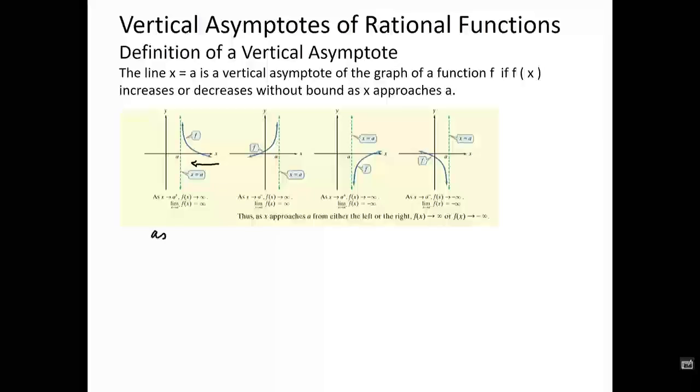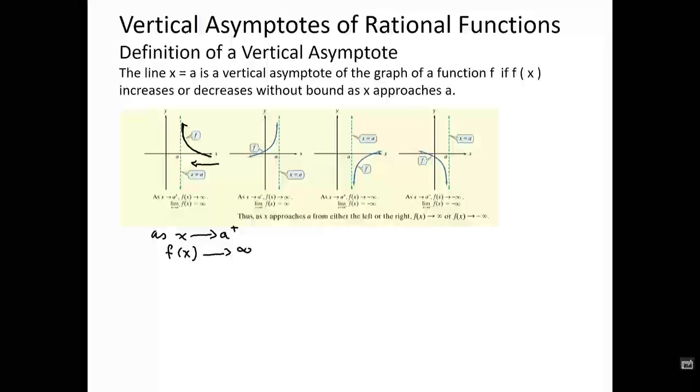As x approaches a from the right, we see that the values of the function f of x are increasing without bound. We write f of x is approaching infinity.